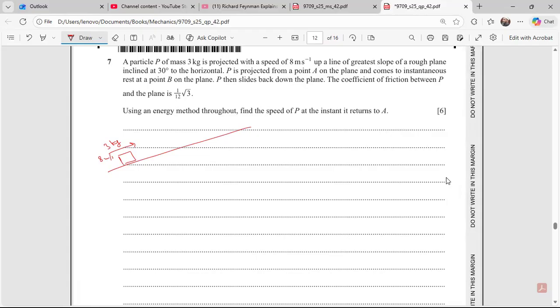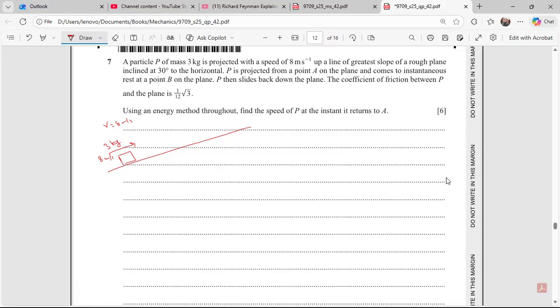We just pushed it and left it. So when we left it at that instant, its speed was 8 meter per second. Now it will keep going up, and of course it will stop at some point, and then it will slide back again. So when it reaches here, what would be its speed again? This is what we have to find out.